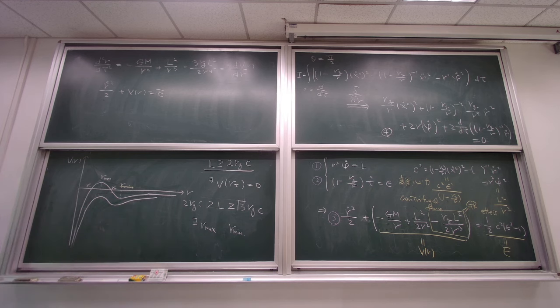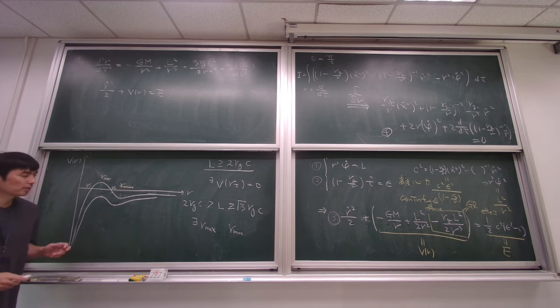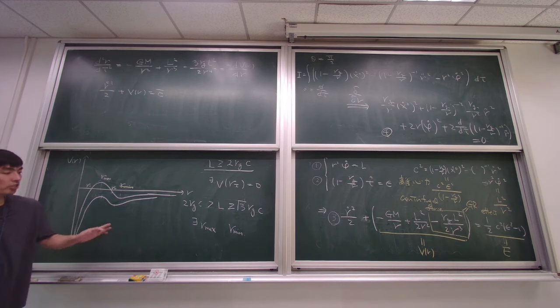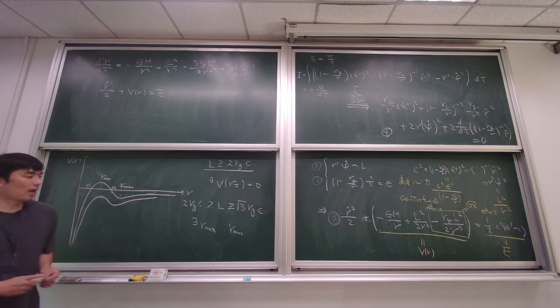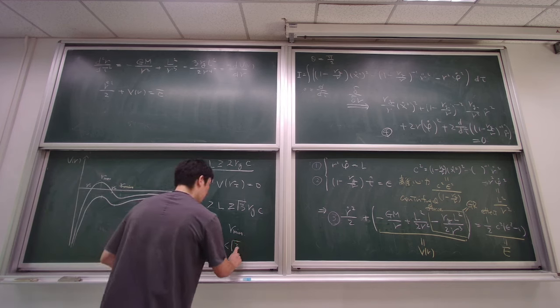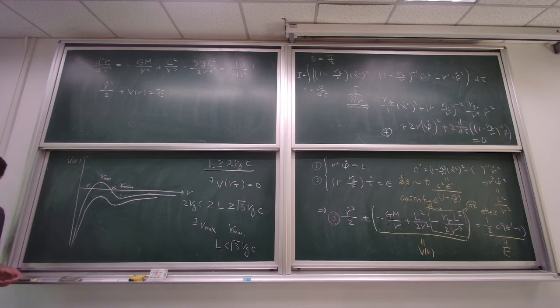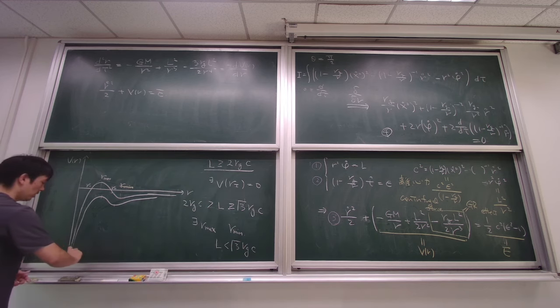So this is R max and R min, and then it eventually goes to 0. But if L is less than square root 3 RGC, it's monotonically increasing. So it becomes like this way.